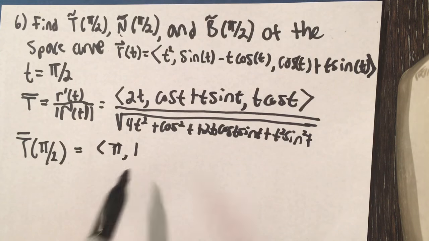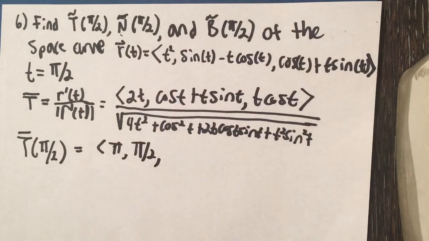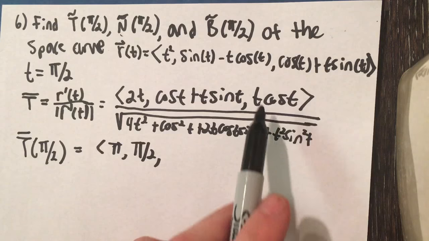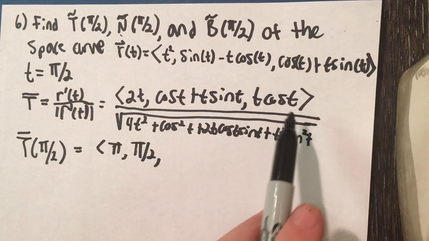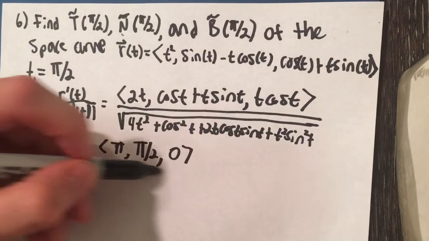So this is actually not 1, this is actually equal to pi over 2. And the final value is t cosine t, which is equal to pi over 2 times cosine of pi over 2. But cosine of pi over 2 is equal to 0. Therefore, the z component would just be 0.